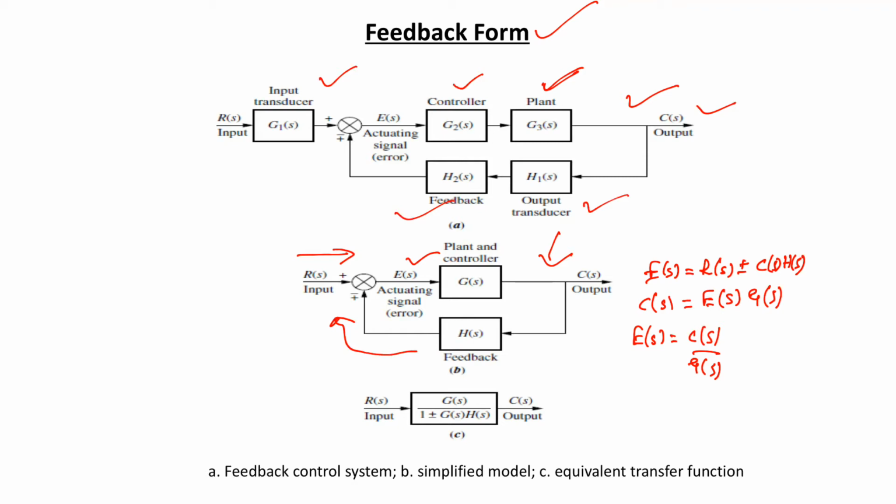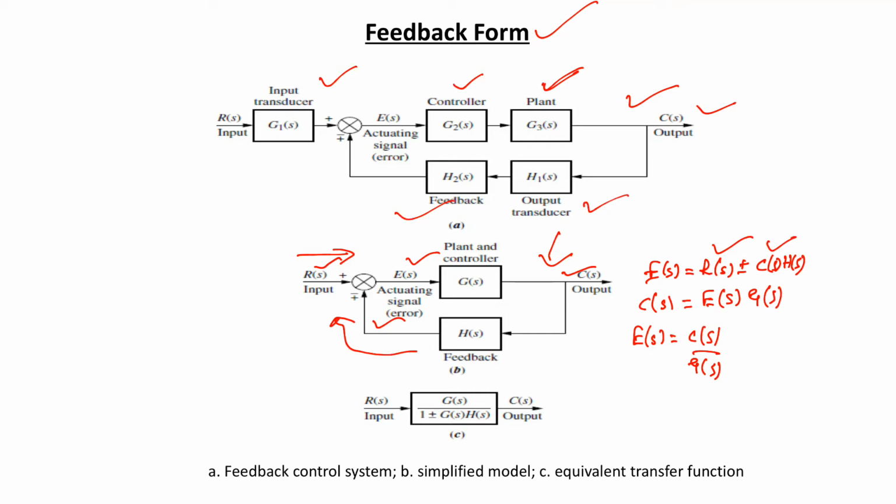So this actuating signal is the sum of the R(s) shown here and the feedback signal. The feedback signal is taken from C(s) and passed through H(s), depending upon whether it is positive or negative.